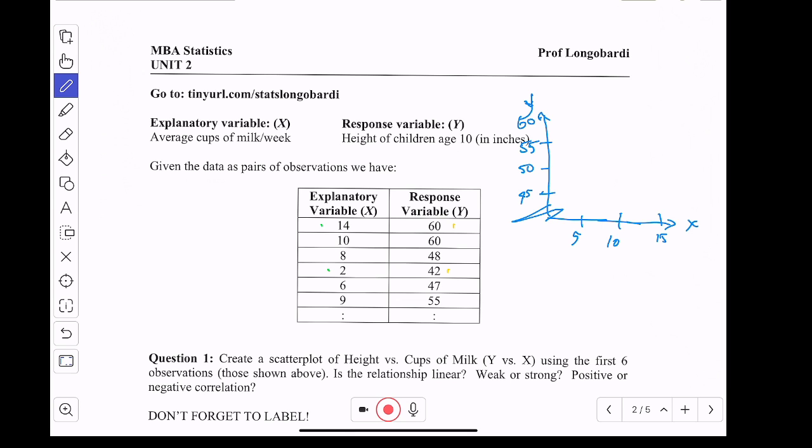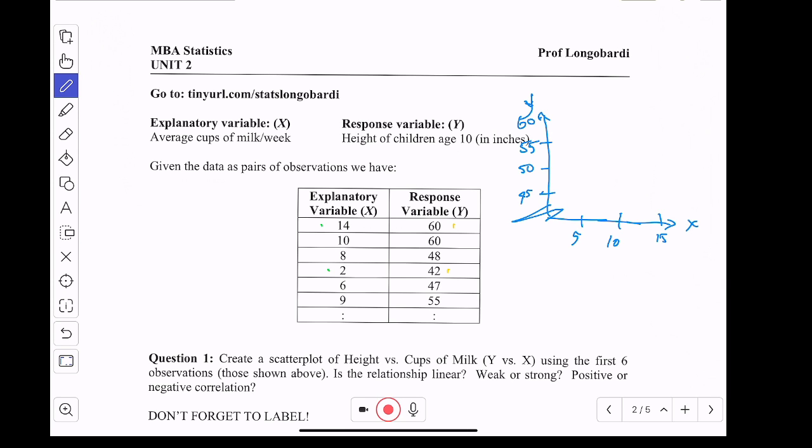And I'm just going to do this sketch with red. So when X is 14, Y is 60. So X is 14, Y is 60, it's going to be up here. So I'll put a dot there.